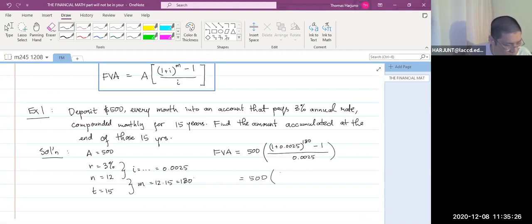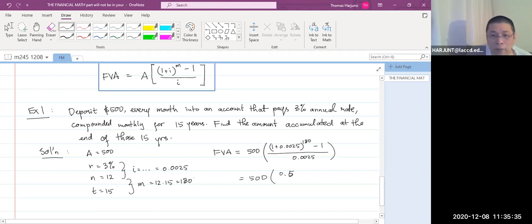1.0025 to the power of 180 minus 1 is 0.5674317, divided by 0.0025. Actually, you should not do any rounding on the numerator because you divide by a very small number at the bottom.